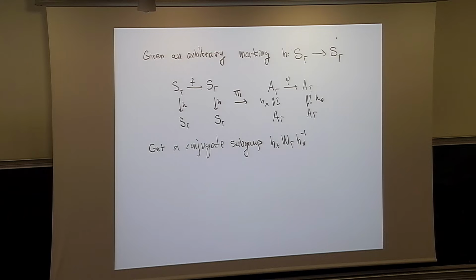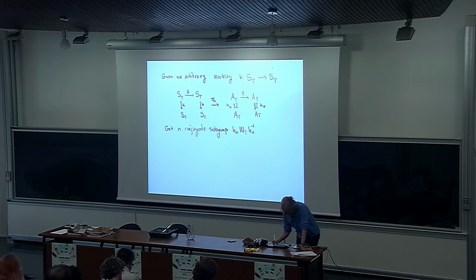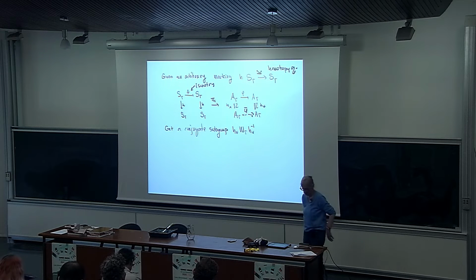And in fact, if you have an arbitrary marking of this S gamma, by a marking I just mean a homotopy equivalence, and you have any isometry, then you look at what this does on pi 1, and it gives you an element phi bar in the automorphisms of A gamma.